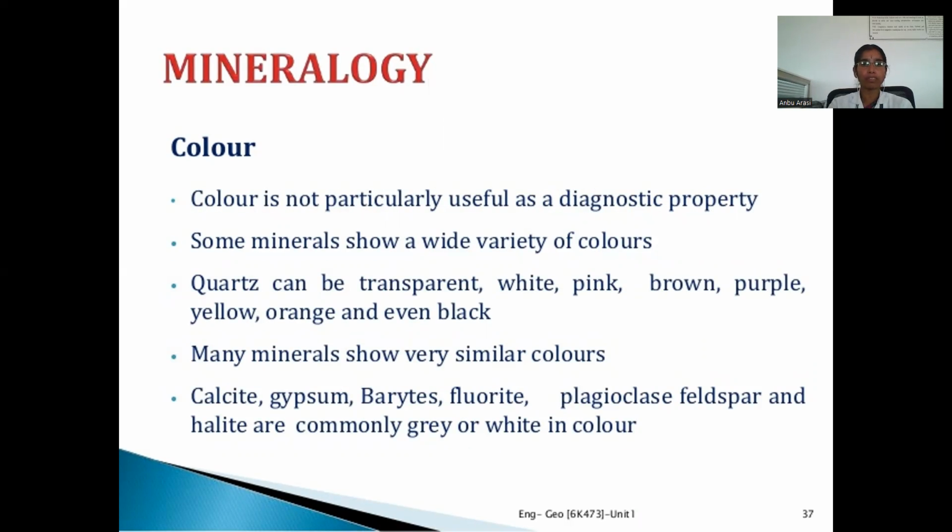Color is not particularly useful as a diagnostic property. Minerals show a wide variety of colors. Quartz can be transparent, white, pink, brown, purple, yellow, orange, and even black. Many minerals show very similar colors. Calcite, gypsum, barytes, fluorite, plagioclase feldspar, and others are commonly gray or white in color.